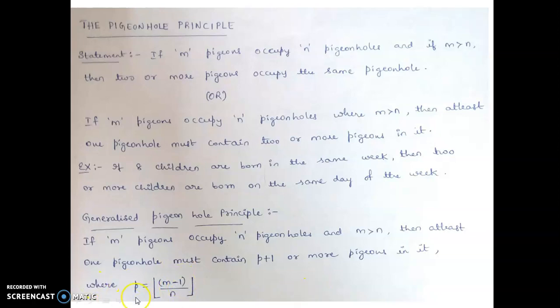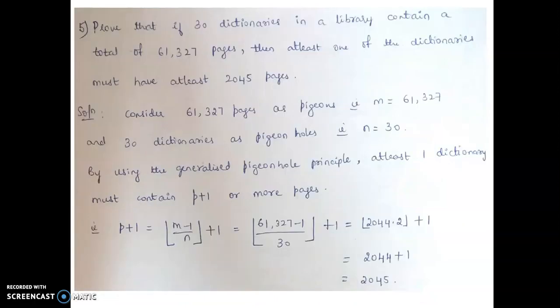With this formula you can find the number of pigeons, and the number of pigeonholes has to be calculated. In the coming examples we can see how the calculation for a particular example is done. Let us see the next example, what he is conveying here.